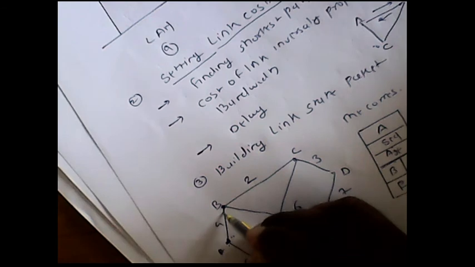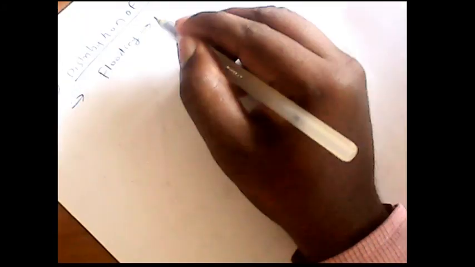If a packet is received from A, it will be sent to C and B, but never sent again to A. That is the concept of flooding. So flooding distributes the link state packet to all routers.